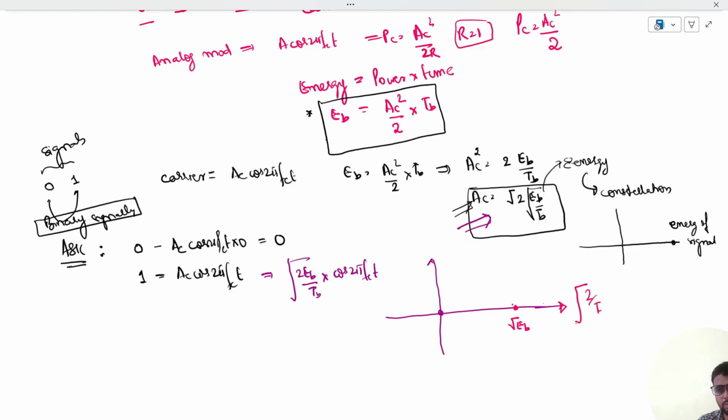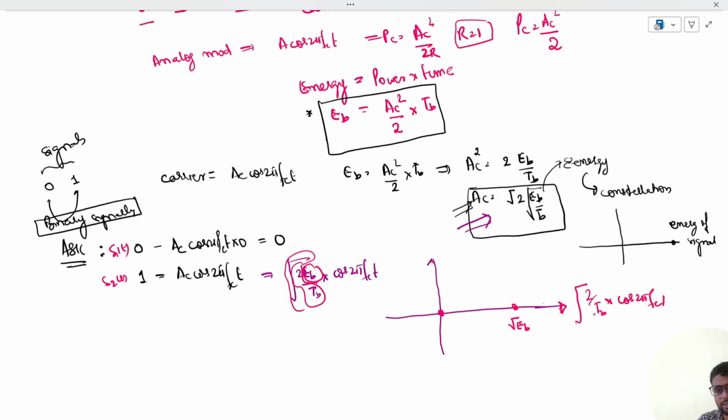So if the axis is represented as root over 2 upon Tb, then what are we left with? Root over Eb. So if this point is root over Eb and this point is 0, suppose this is S1(t) and this is S2(t).